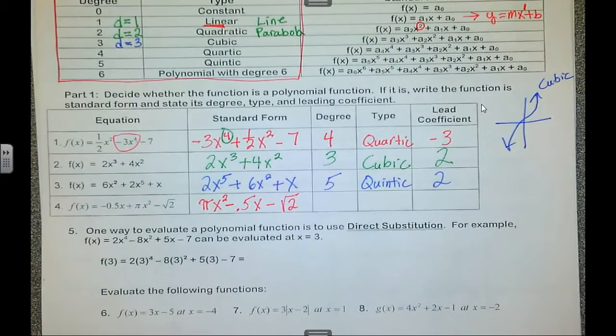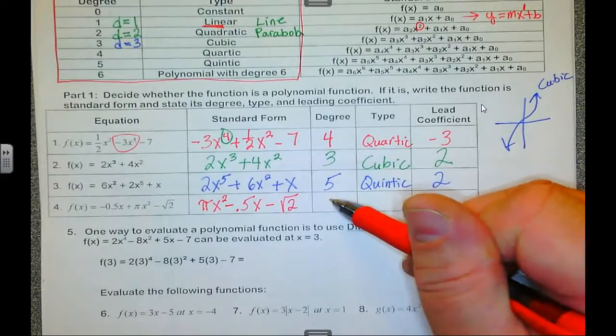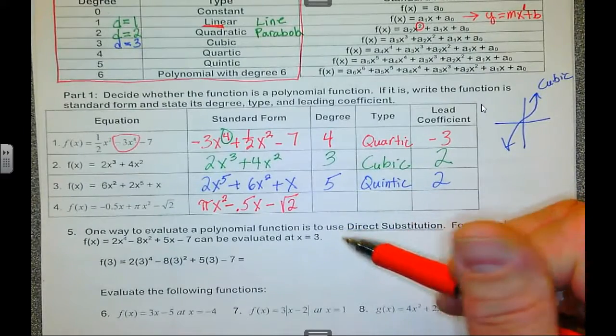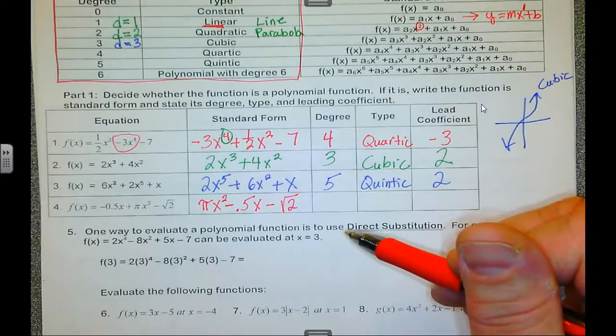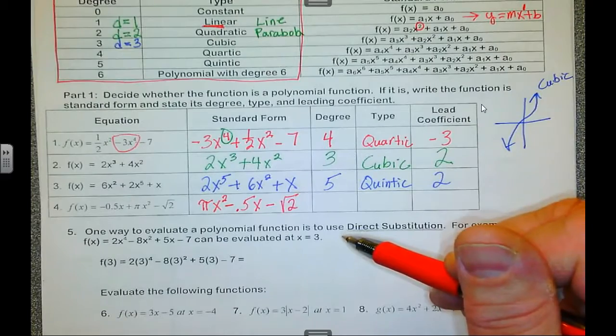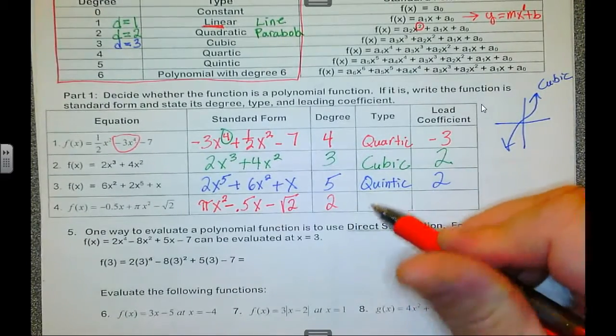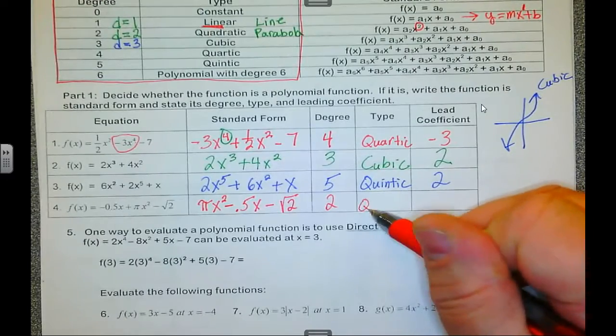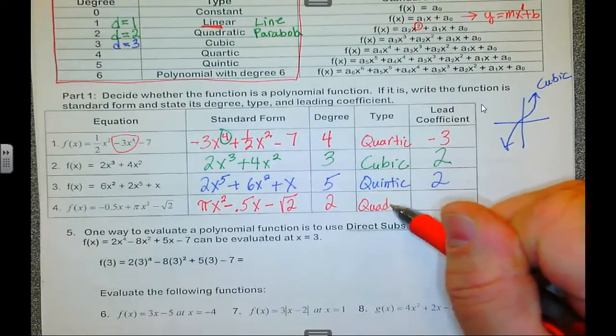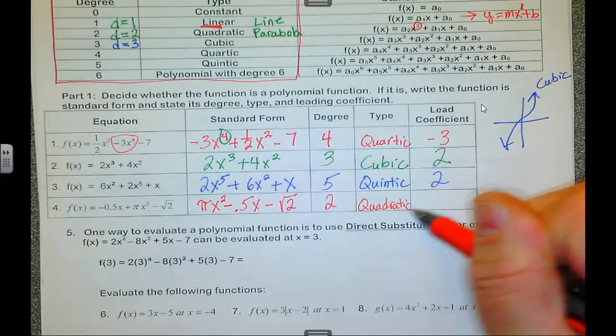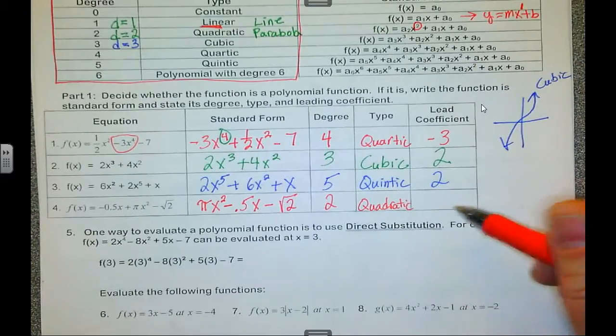What's the degree? Alana, what's the degree? Good. You got it. 2 is called a quadratic. And what's my leading coefficient? Pi.